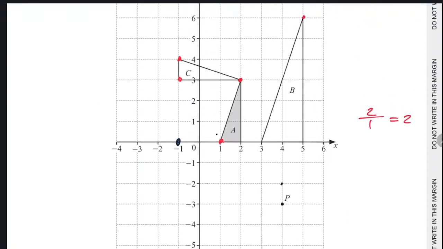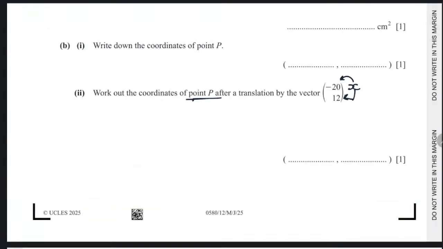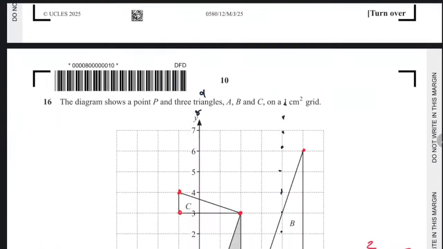So you go 12 steps, 1, 2, 3, 4, 5, 6, 7, 8, 9, 10, 11, 12. You go 12 steps upwards. This is on 8, then this is on 9. So you'll be now on 9, right? In Y. Then in X, you are moving -20, which means 20 steps to the left.